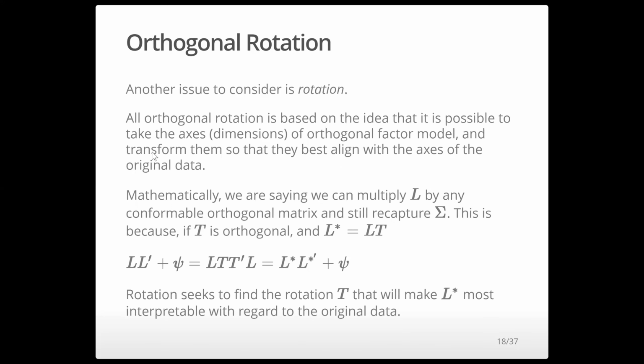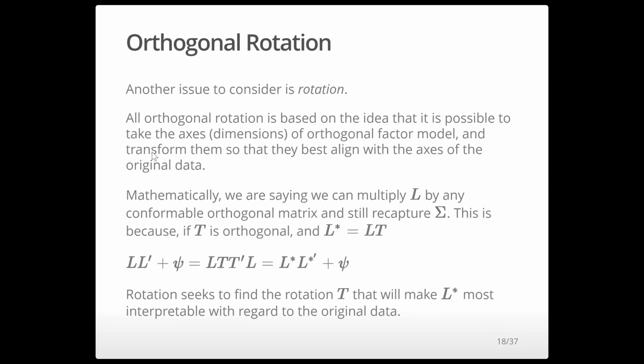This is because if T is orthogonal and we define L star as L times T, then L times L transpose plus psi is equal to L times T times T transpose times L transpose plus psi, which, because T times T transpose is just the identity, since T is orthogonal, is still equivalent to L star times L star transpose plus psi.